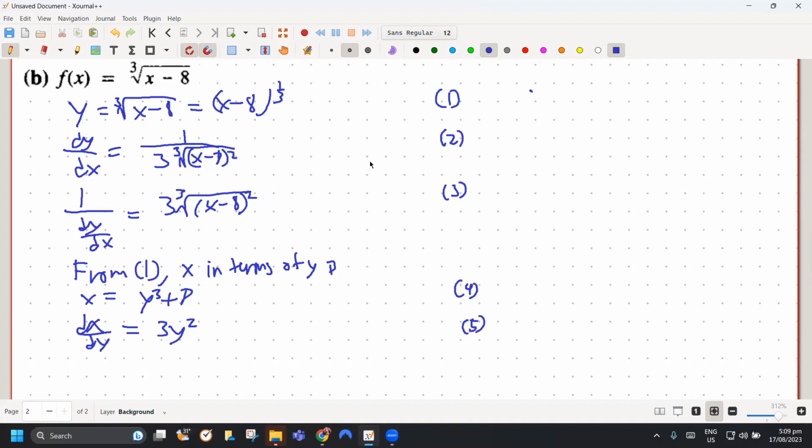So how do you show, from equation 5, that 3y squared also becomes 3 times the cube root of x minus 8, squared? I can't say which equation I mean without the numbers.